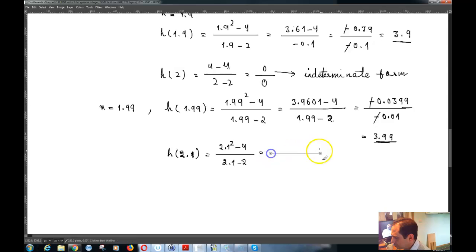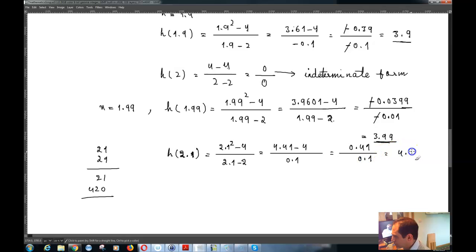And that gives you 2.1 squared, which is 4.41, minus 4 over 2.1 minus 2, which is 0.1, so 0.41 over 0.1, which is equal to 4.1, very close to 4.